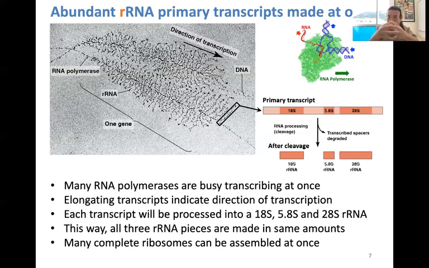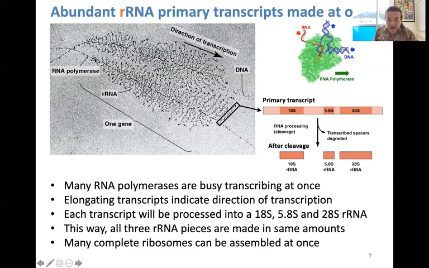And when one complex starts moving down, transcribing, the transcription factors that are building up at the promoter region can recruit another RNA Pol2 complex and start moving down, and another one, a whole row of them lined up, moving down the DNA, each one in charge of making its own copy from the DNA.